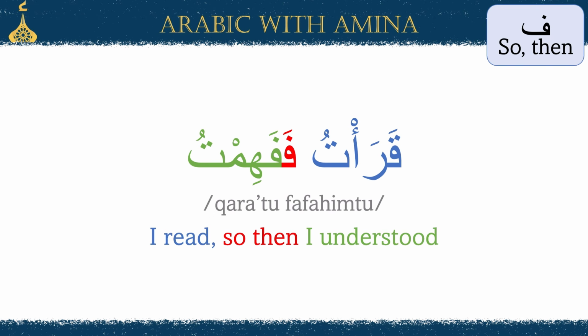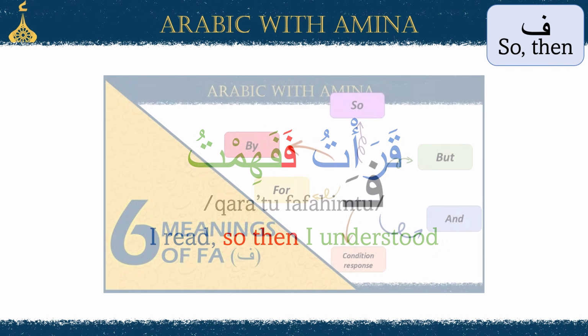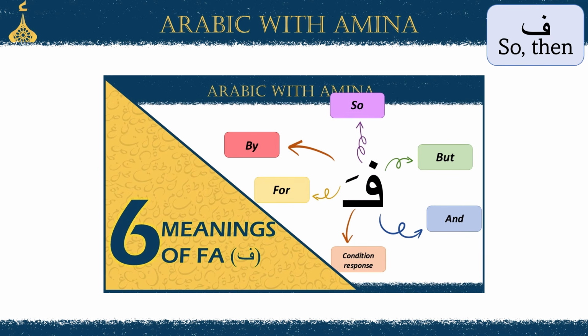It has a reason. So, because I read, I understood. The letter fa actually means a bunch of other things, and I cover that in a different video. But here we are just talking about fa as حرف عطف, as a conjunction.